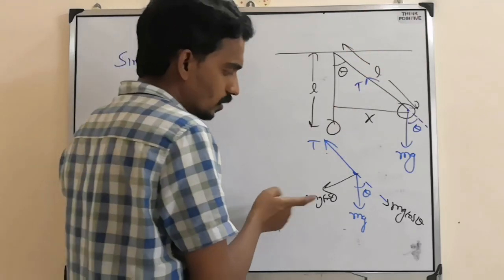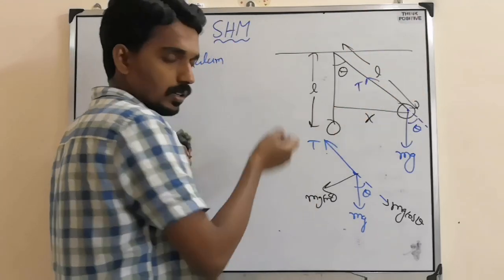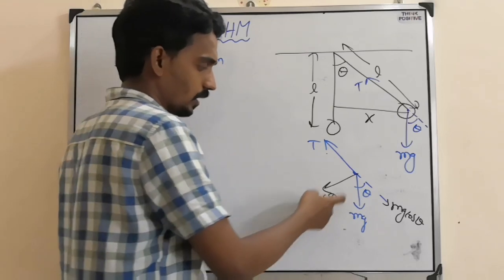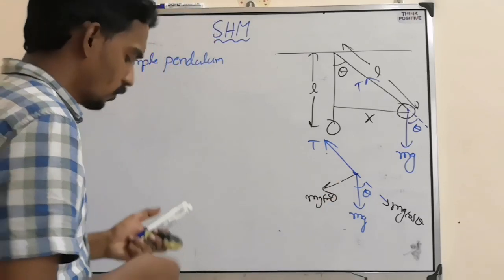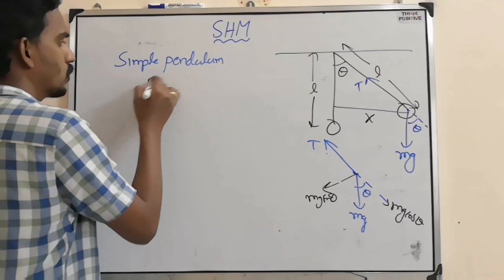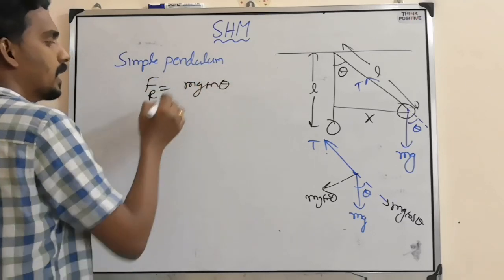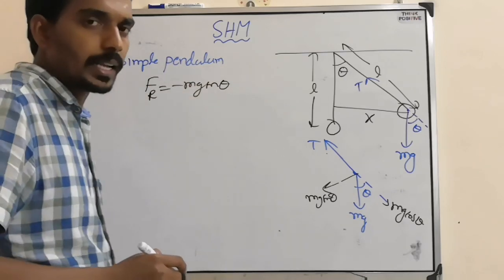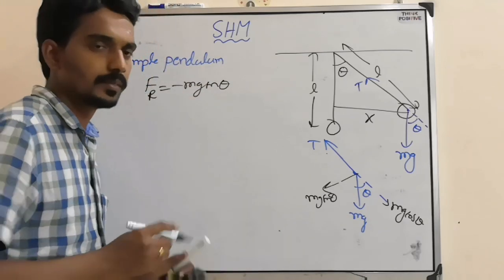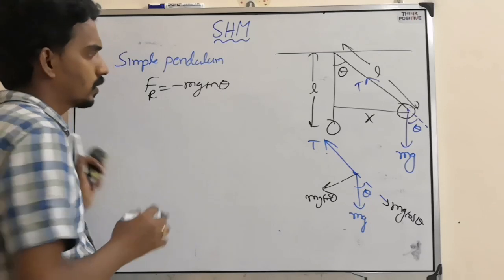So who is the force acting towards the equilibrium position? mg sin theta. So in case of a simple pendulum, the restoring force is mg sin theta. But as it is a restoring force, we will take minus. This is the restoring force.